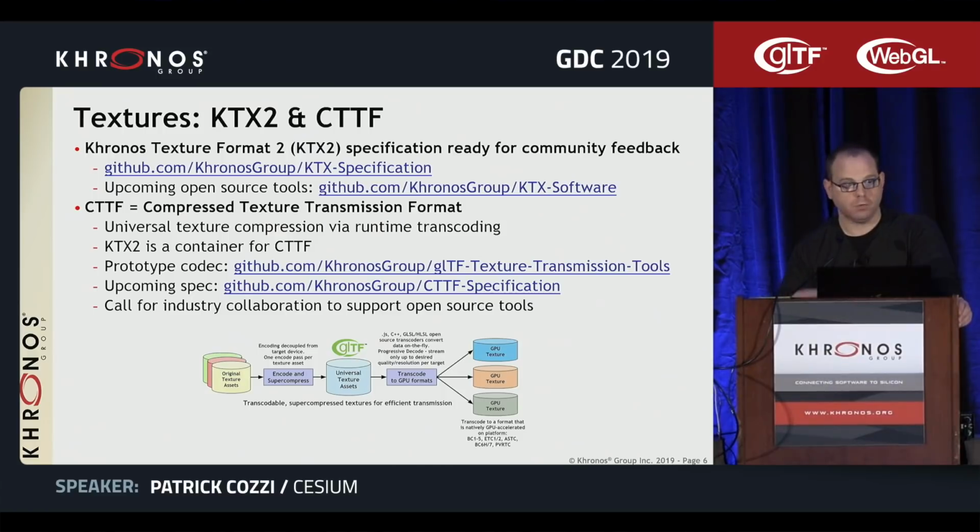So you get JPEG-like compression over the wire, and then you still get GPU compression. There is a prototype open source codec in the GLTF texture transmission tools GitHub repo, and then the specs will follow. In terms of things that you, the community, could do to help, we really need some additional help around doing the open source tooling here. We would be very happy to collaborate with the folks in this room.